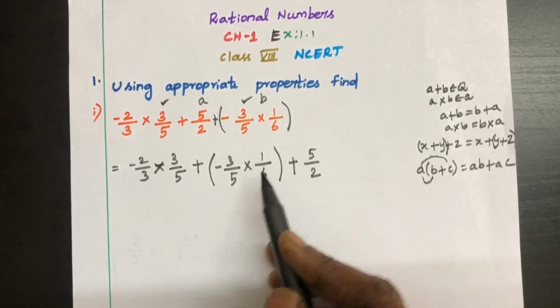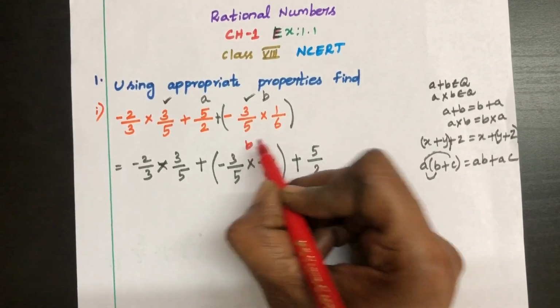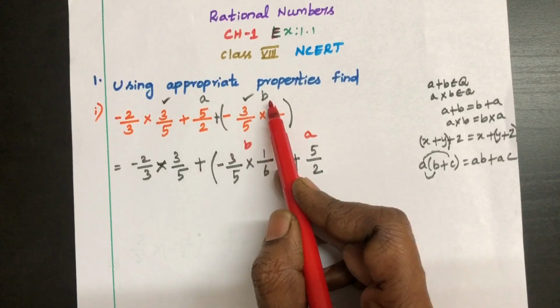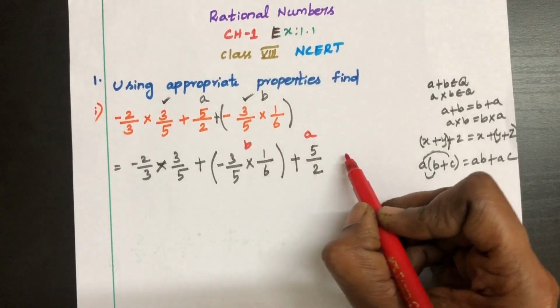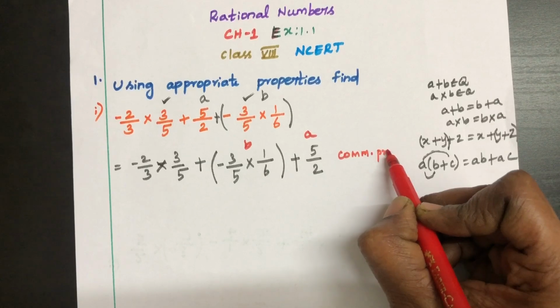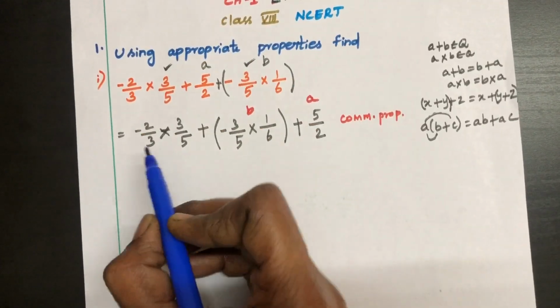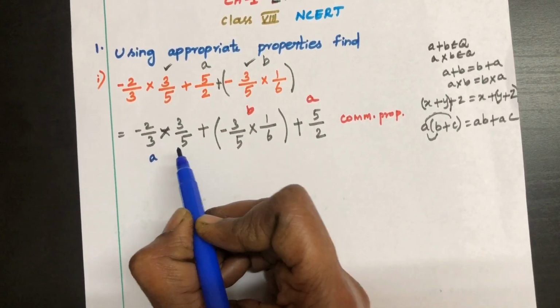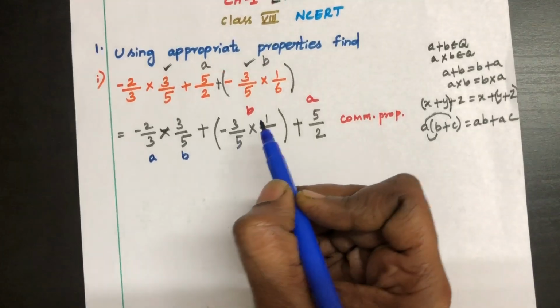Is there any doubt? That means A plus B is equal to B plus A. What is the property we have used here? Commutative property of addition.